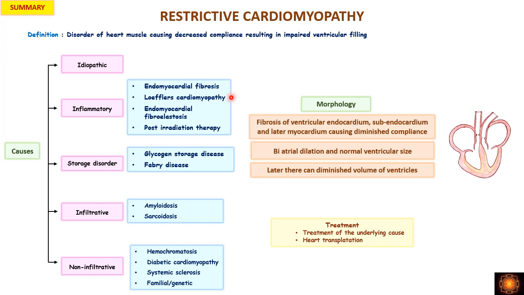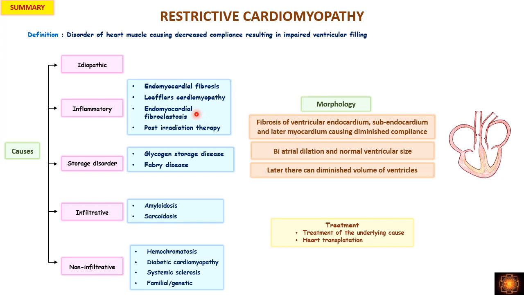Löffler's cardiomyopathy, this is because of increased eosinophilia, primary or secondary, which causes damage because of the major basic protein. Endomyocardial fibroelastosis, which we see in the 2 years age, and usually it's a rare condition, and this is because of the titin gene, and post irradiation therapy, which causes the fibrosis.